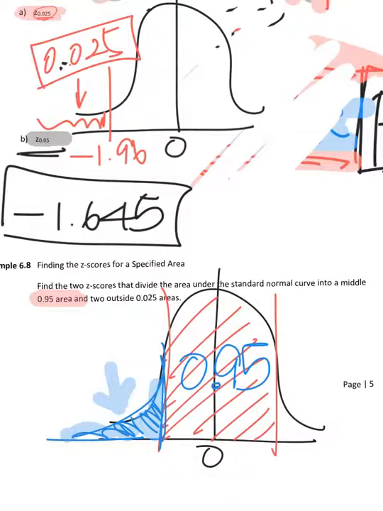I said the left one and the right one together is a 5%. Then how much will be only the left one? 0.025. Half of the 5%. Why? Because the normal distribution is symmetrical. So to the left is half of the 5%, the remaining probabilities. So the left one is a 0.025. Then how much will be the right one? The other one, 0.025.